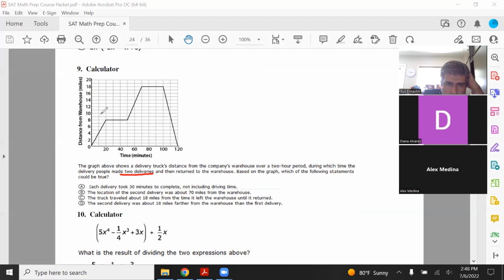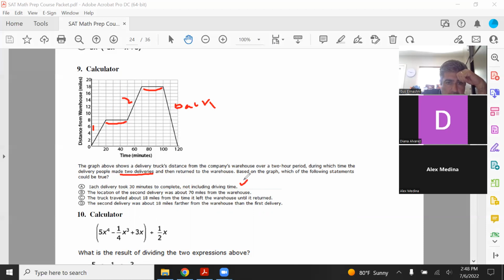Okay, so this will be the first stop, and they probably had to unload. Then this will be the second delivery right here. And they had to unload again. And then they head back. So yeah, that is 30 minutes. That is 30 minutes. So I kind of like that one.